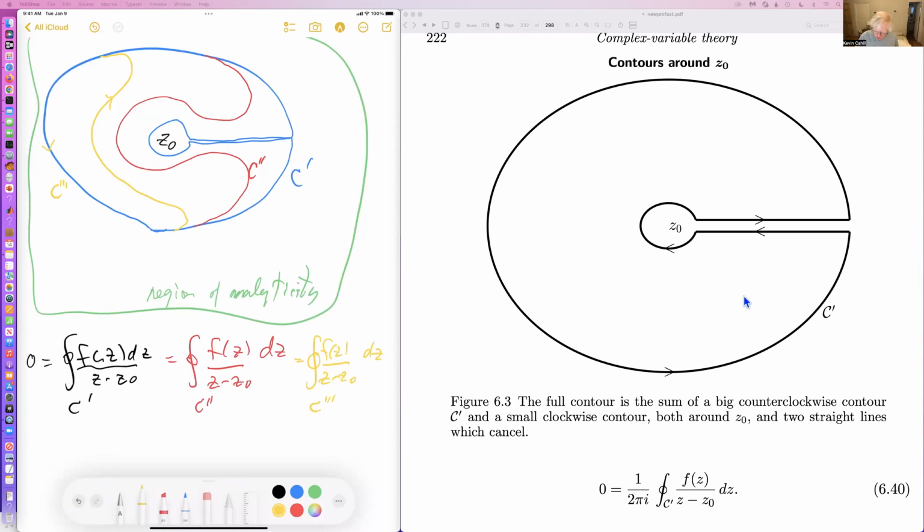But the same thing is true for these other ones, because you can deform them continuously from C prime to C double prime to C triple prime in such a way that they completely bypass the singularity, and the deformations don't leave the domain of analyticity.